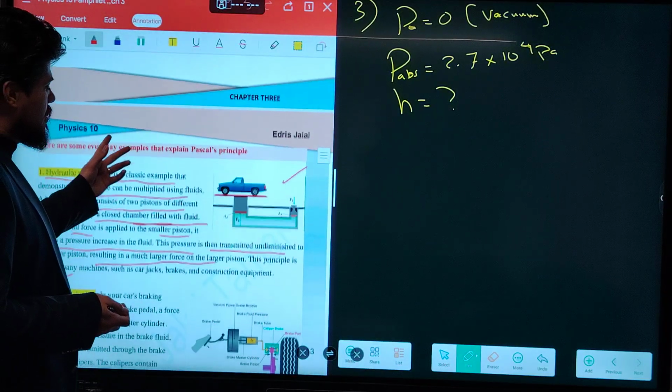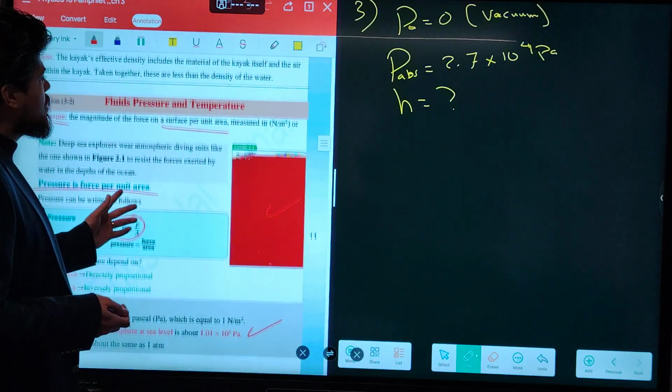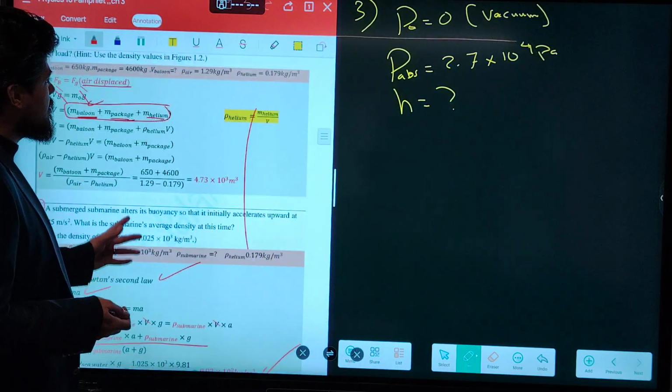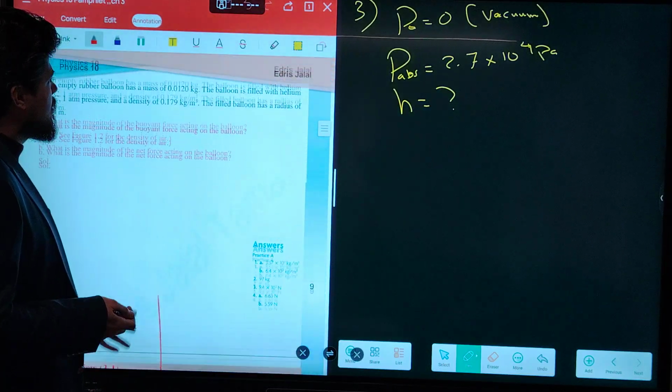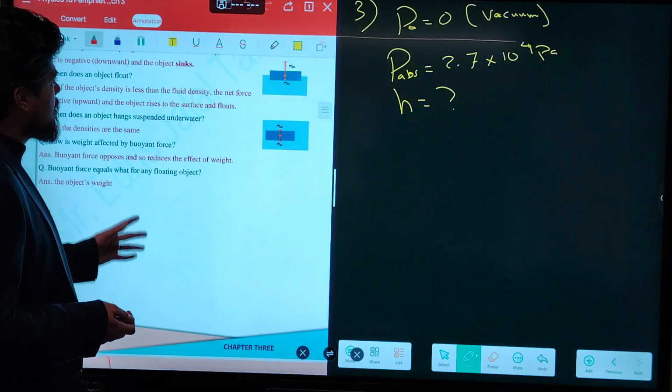Okay, now I'm going to tell you the density of mercury. The density of mercury must be given in the question.